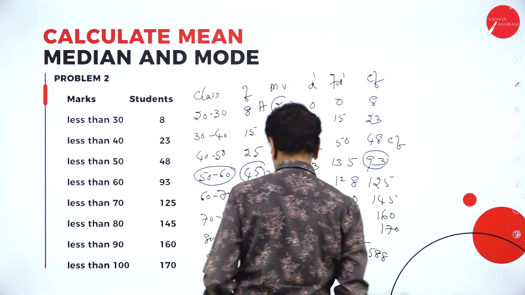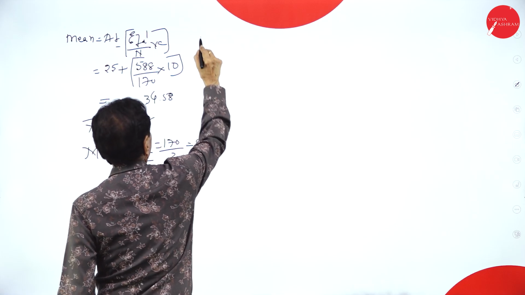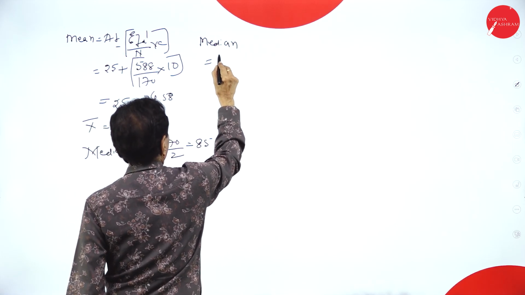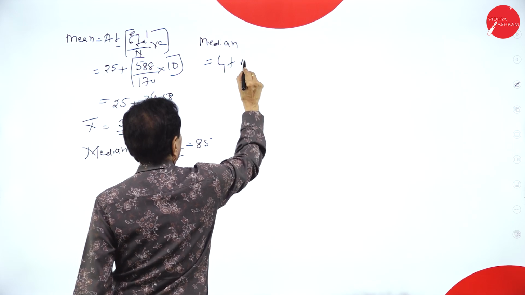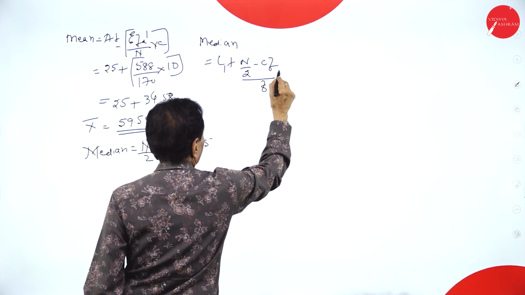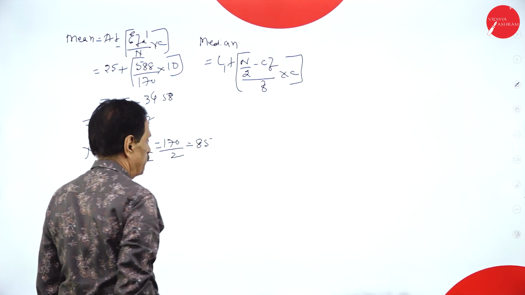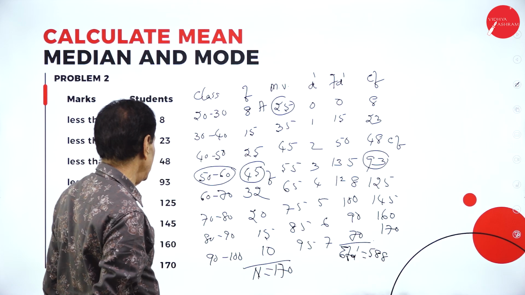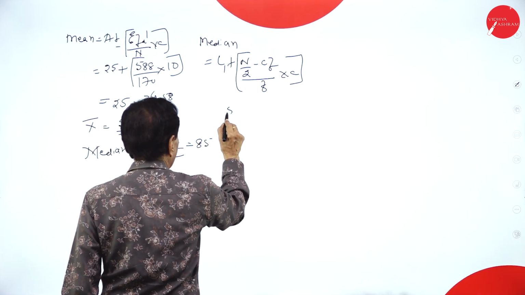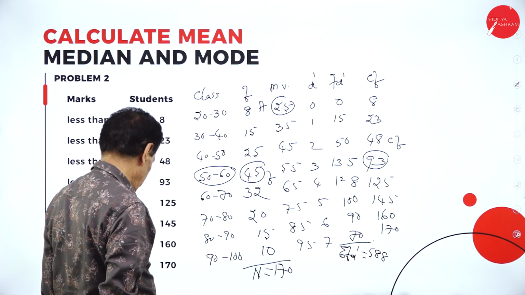Apply the formula. Median is equal to L1 plus n by 2 minus CF over F into C. Which range have you selected? 50 to 60. L1 is 50. What's your n by 2? You divide, no?